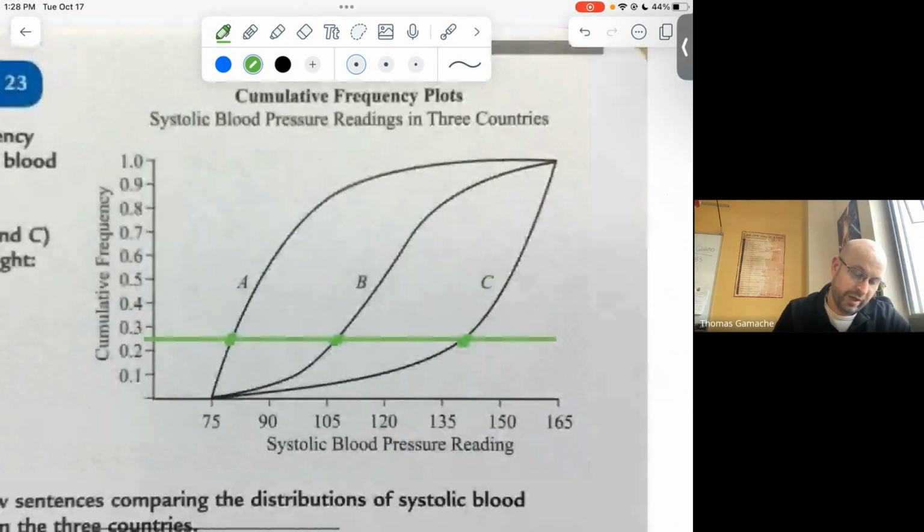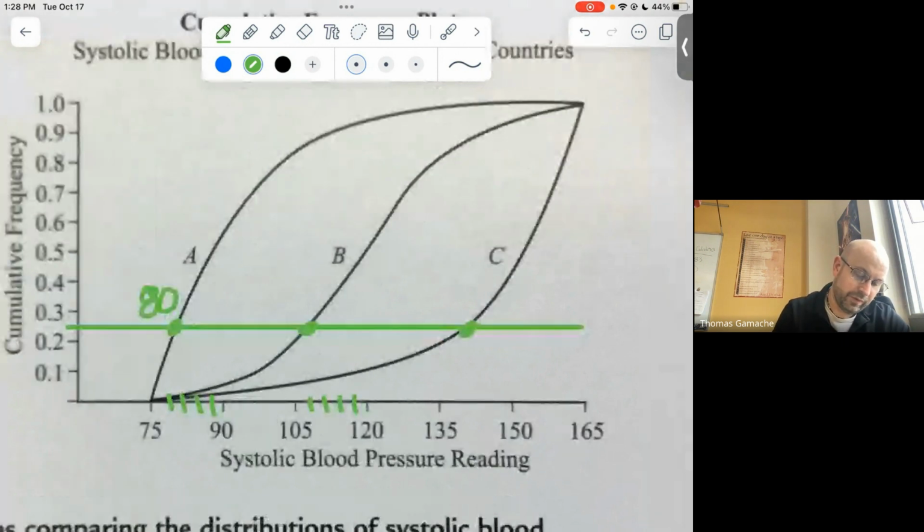So right here in country A, this is going to be an approximation. I'd say this is about 80. Country B, I can say it's maybe, let's see, 5. I'm approximating here. So let's see, we went from 15, so we're going up by 3s. Maybe I'll say maybe it's about 108.